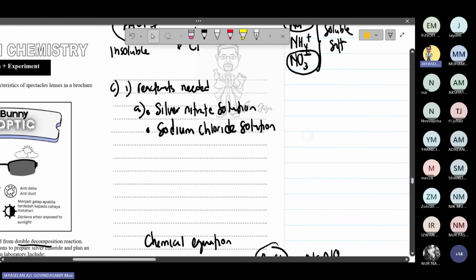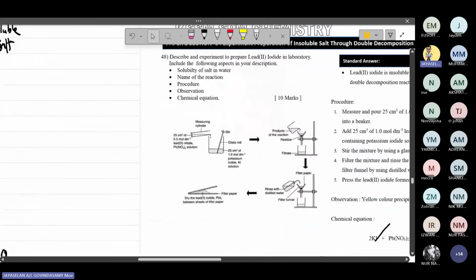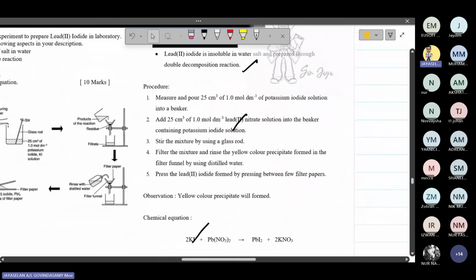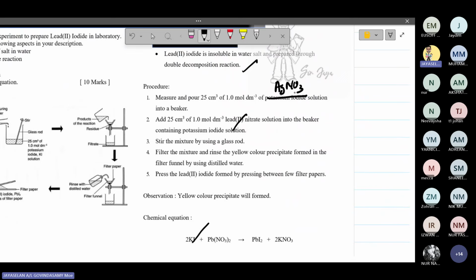Okay, now we go for the procedure. Look here, page 54. Measure and pour 25 cm³ of 1.0 mol dm⁻³ silver nitrate solution into a beaker. Add 25 cm³ of 1.0 mol dm⁻³ sodium chloride solution into the beaker containing silver nitrate solution.